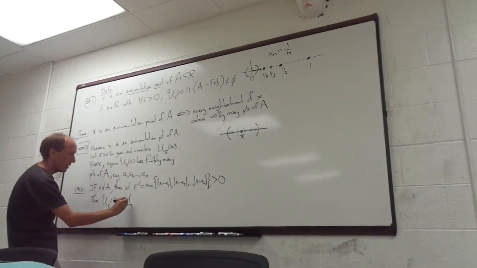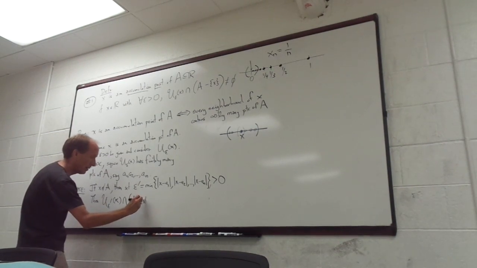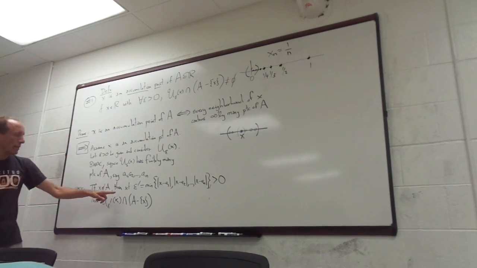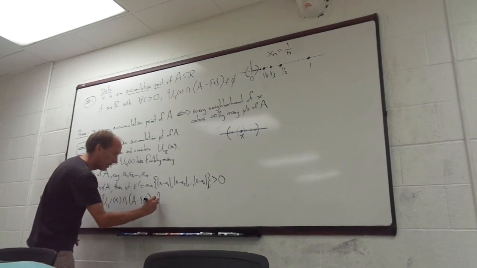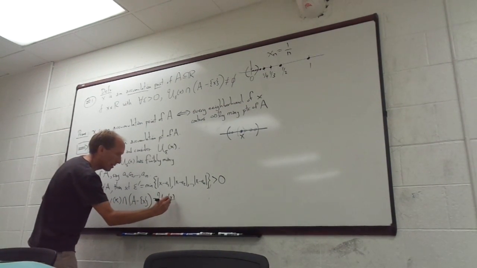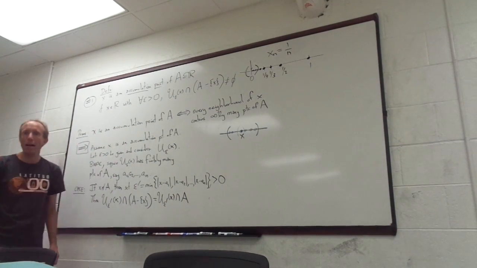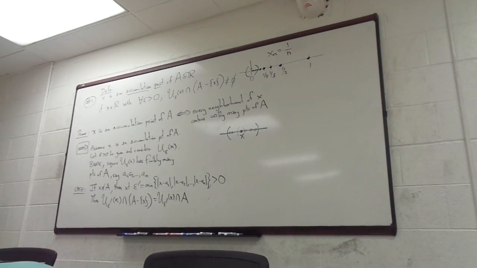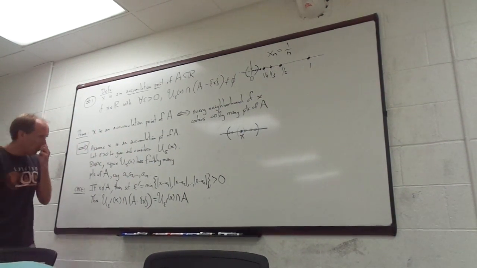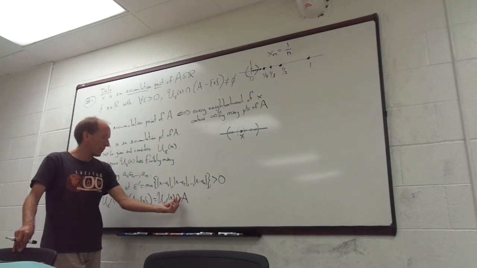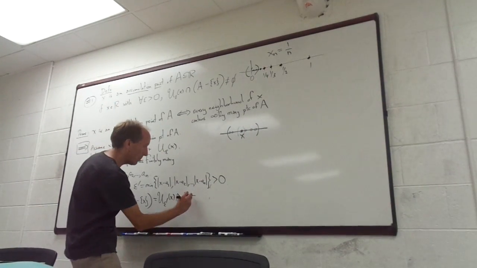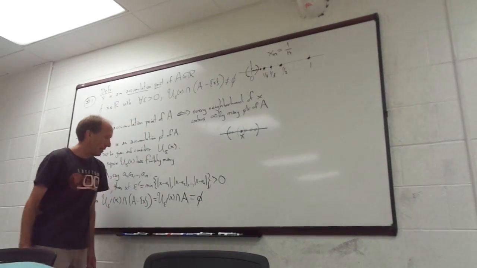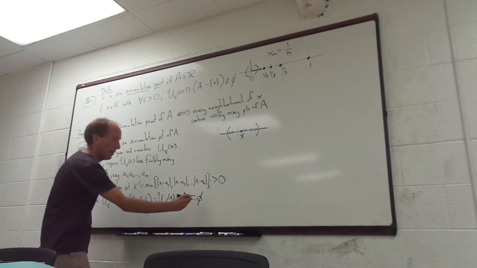I take A minus x, but since x is not in A, this is just intersecting with A. You don't have to subtract x from A because it's not there in the first place. We've excluded all of these open circles that were the elements of A. In other words, this is empty, and that is a contradiction.